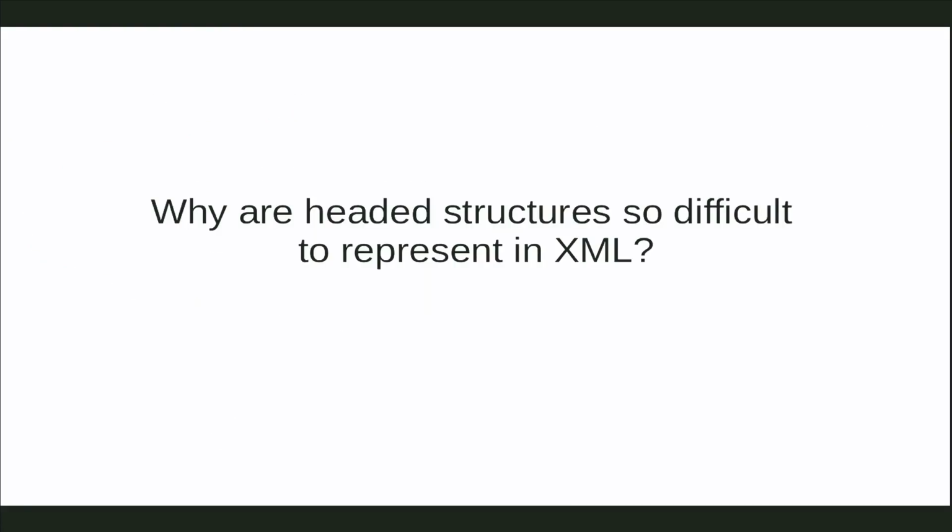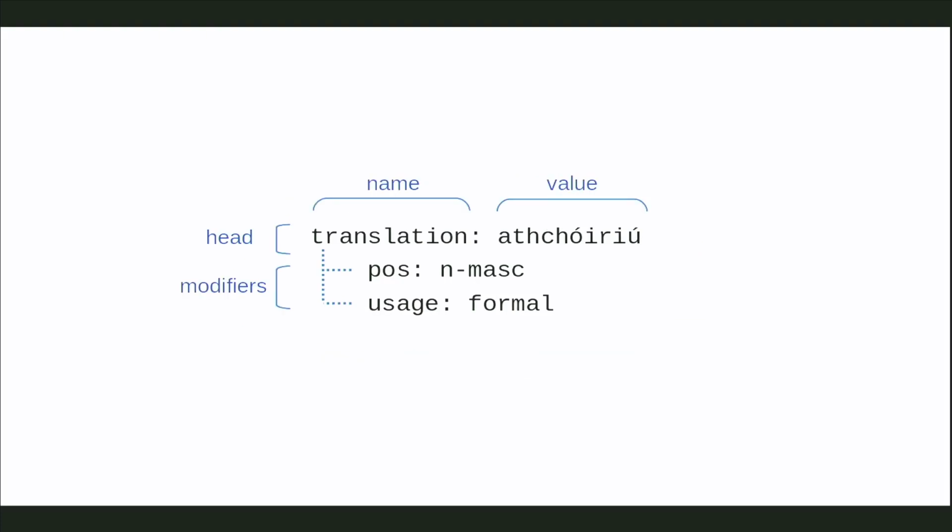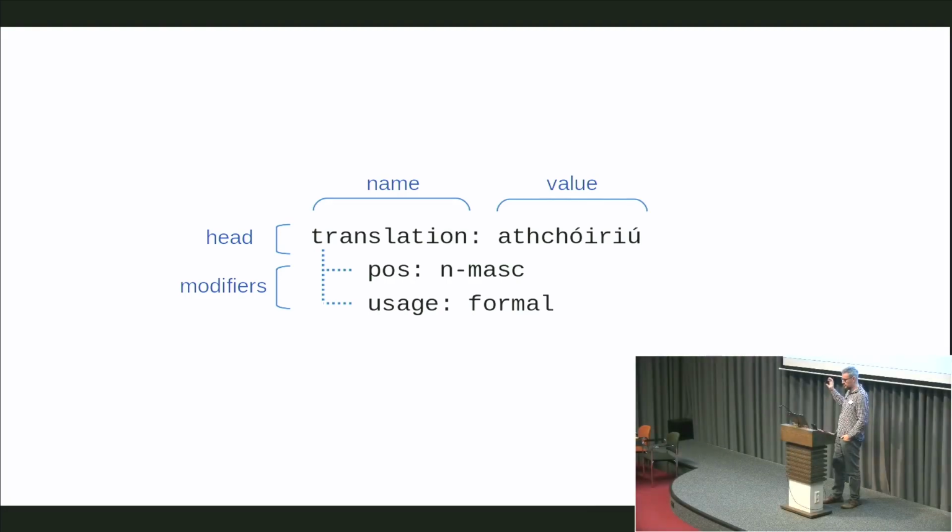And I've spent a lot of time thinking about this problem and thinking about why is it? What is it about this mental structure that's so difficult to represent satisfactorily in XML? So I thought about it like this. If this is the mental structure I want to represent, what are its properties, right? It consists of a pair of a name and a value, which constitutes the head of the whole structure, and then a list of other pairs of names and values, which are their modifiers.